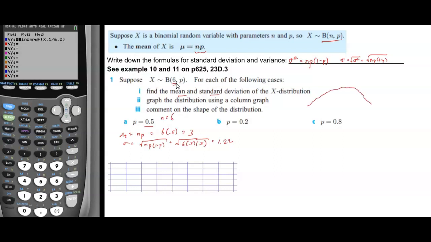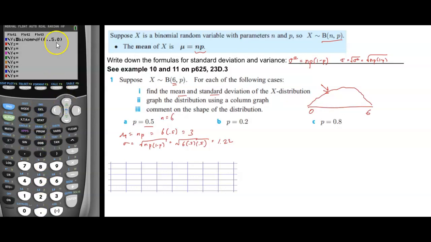In this particular case, our binomial distribution has n equals 6, so it would range from 0 to 6 in value, right? And then each one of these probabilities can be generated by doing binomPDF, right? So we already have binomPDF typed here, and in this case we already know that our number of trials is 6, and our p-value is 0.5, so we put 0.5.